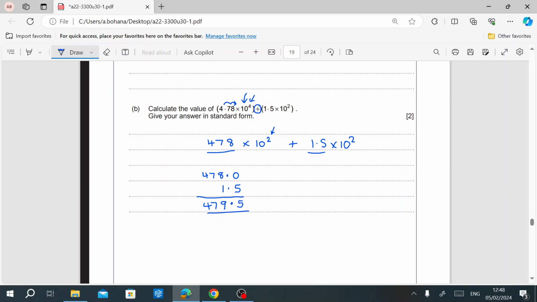I can now add them together because they've got the same power, 10 squared, 10 squared. So you add them together, and because I moved that twice that way, I'm now going to move it back to its original position. So 1, 2. So the final answer is 4.795 times 10 to the power of 4.